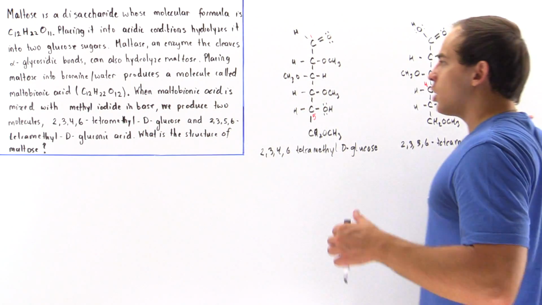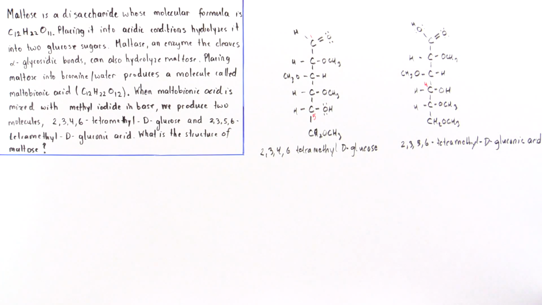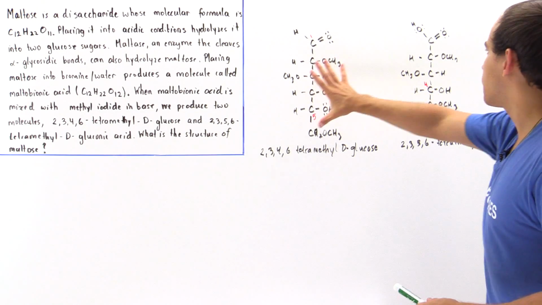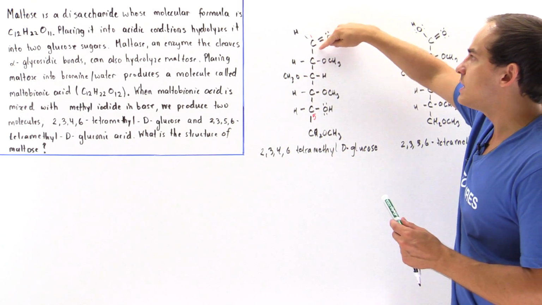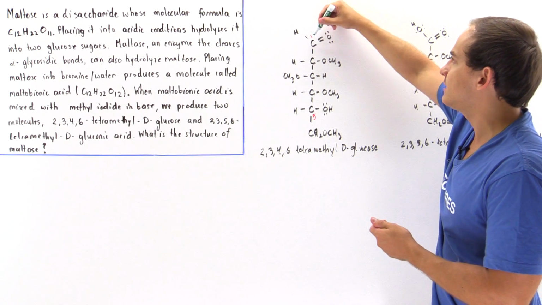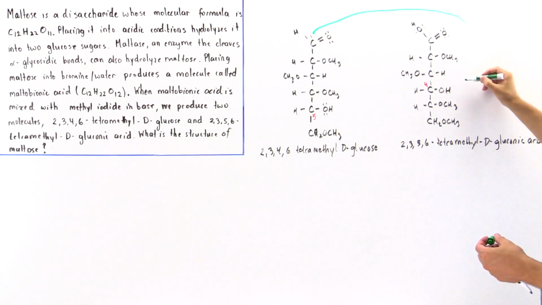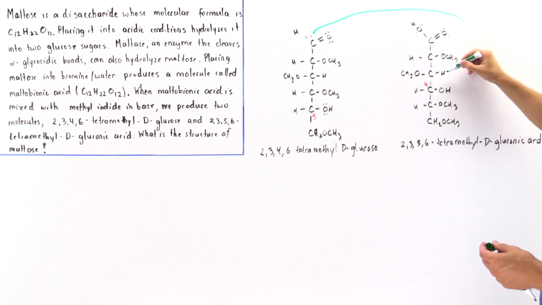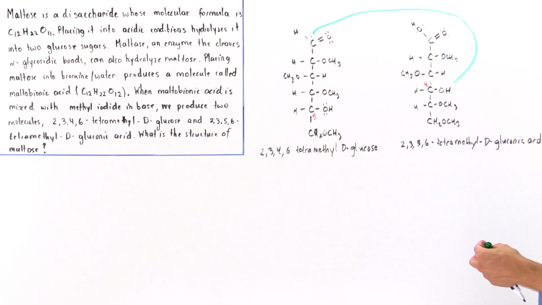So now if we go in reverse, if we connect our molecules, our glycosidic bond is between the first and second molecule. On the first molecule, it's this carbon here that is connected, and it must be connected to the second on the carbon where we have our hydroxyl group. So basically this is our connection here.